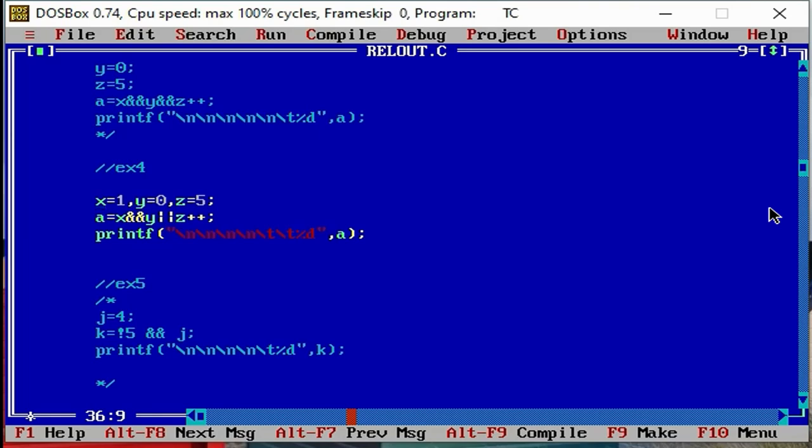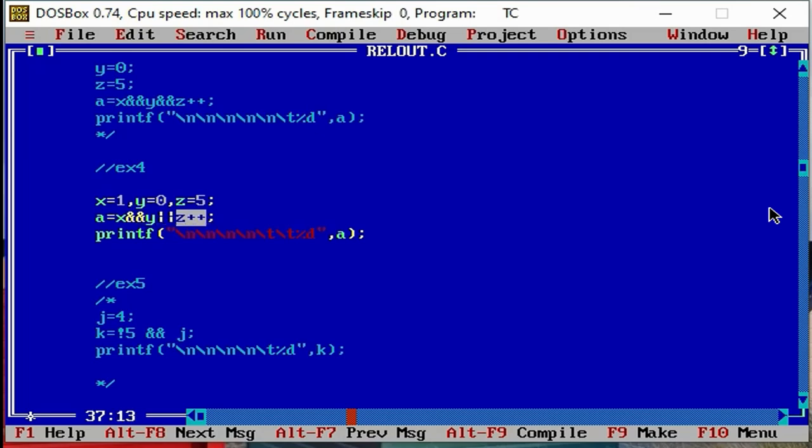Question 4. x is equal to 1, y equals 0, z equals 5. Now the value of x is 1, that means true. The value of y is 0, that means false. So true and false is equal to false. So the value of this part is false, that means 0. Now there is an OR operation. Now it is z plus plus. Since it is post increment operation, it will be 5 only, but 5 is true.